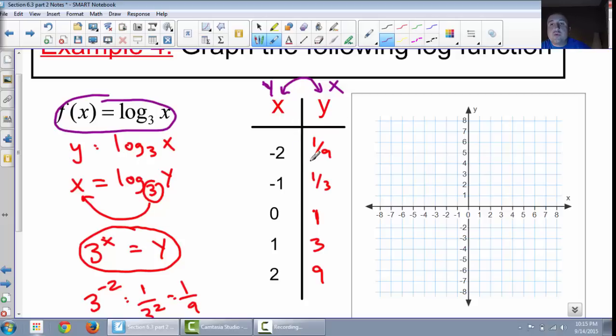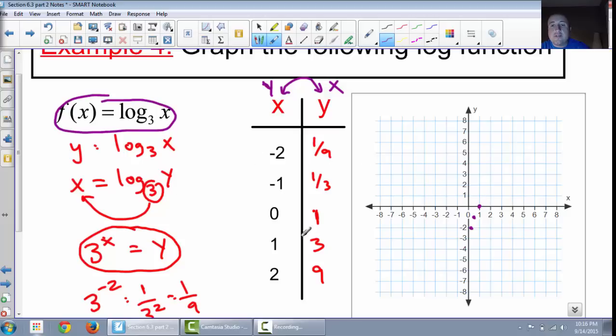Okay, so our real ordered pair is x equals 1/9, y equals -2. It's really close there. Then x equals 1/3, y equals -1, which is probably right here. Then (1, 0).